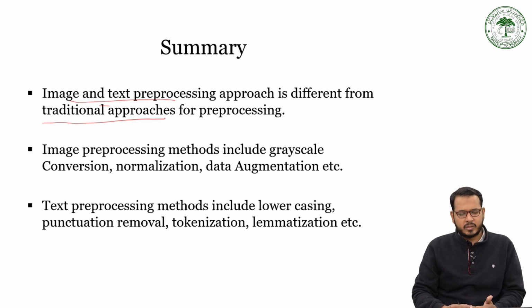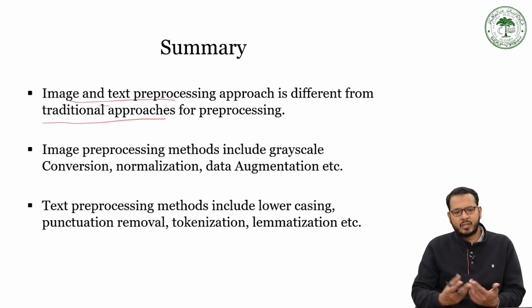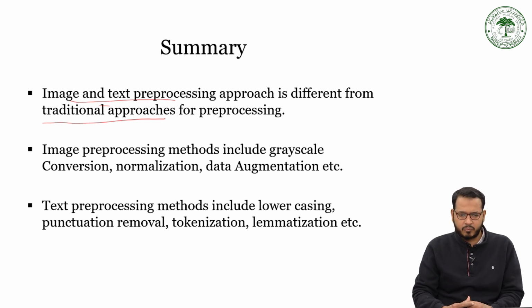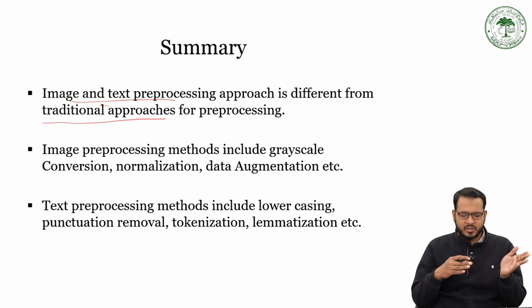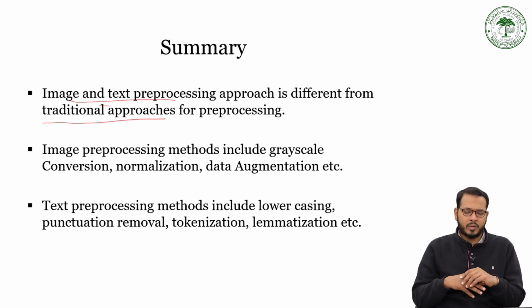For text pre-processing, we apply methods like converting the whole text into lowercase, removing the punctuations, tokenization, lemmatization, and there are some other pre-processing steps also. Once we do these pre-processing steps, our image or our text is ready to be fed into the machine learning model or deep learning model for further processing.